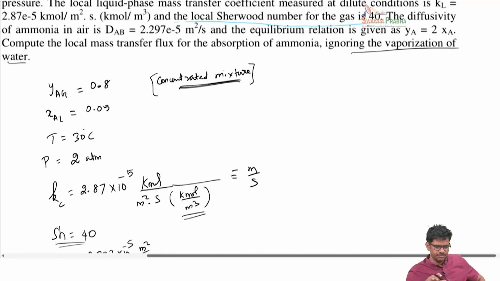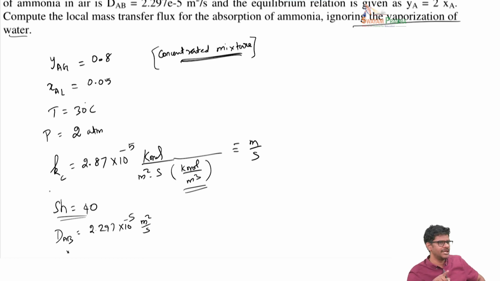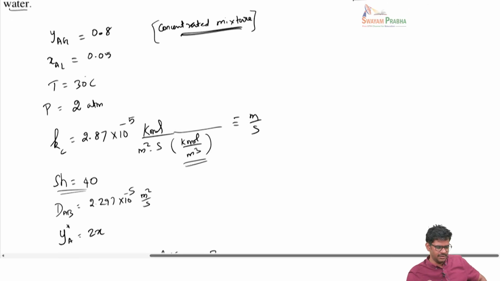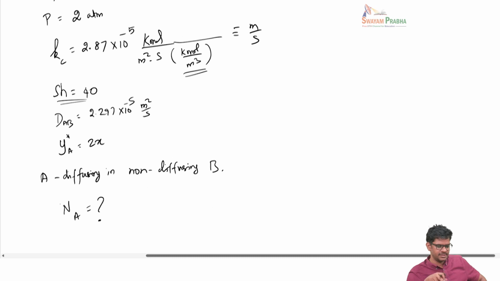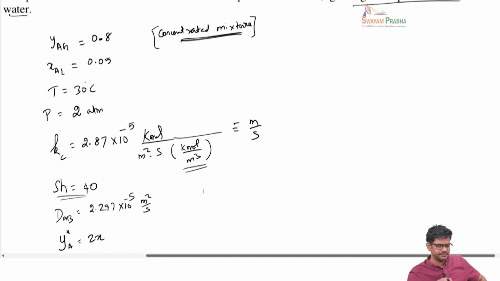The way we should do this problem is already something we have discussed before. We know that local coefficients, even though they are not in mole fraction units, you can convert them into mole fraction units based on the relationship I have discussed before. From Kc you can go to Kx if you want. If you get from the Sherwood number something like Kc, you can convert them into Ky.